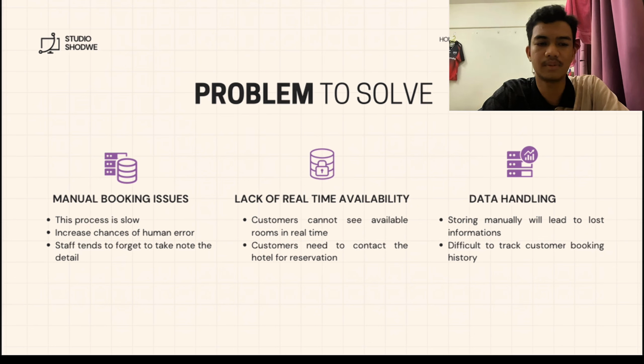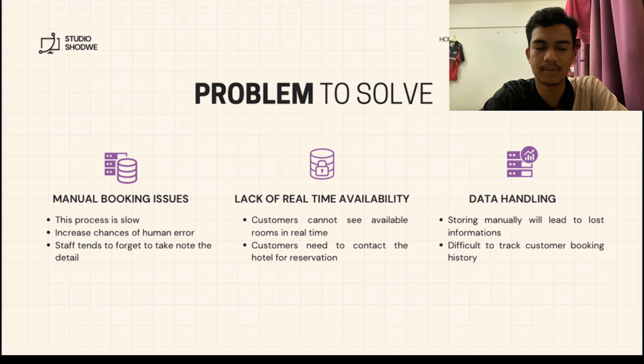And from the customer's point of view, it's hard for them to track the availability of the room or maybe the date. So this can cause the customer to not book in our hotel.